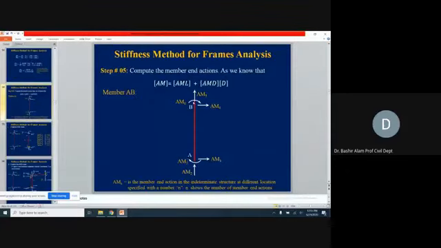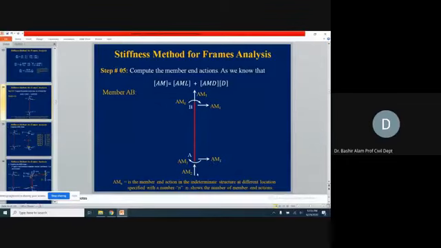Here again we are taking AB. We are taking now all the member end actions for member AB. A is the starting end and B is the ending end. Vertical. Now here, look, it's your choice. There we took the vertical as first one. Here I am taking the horizontal as first one, and accordingly you will have to follow all the directions.